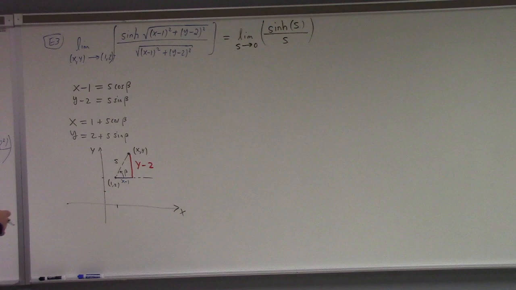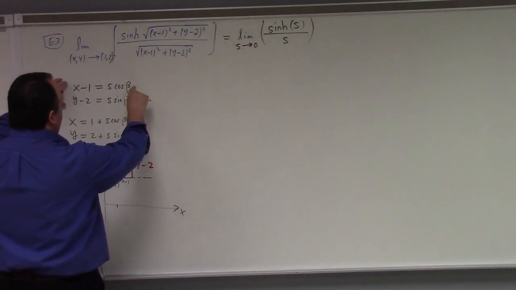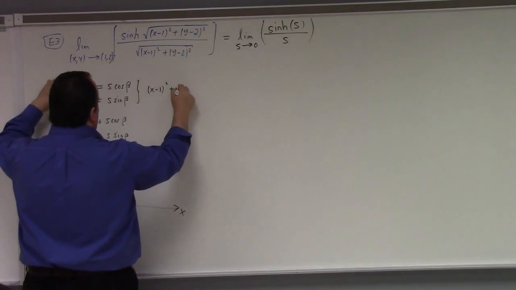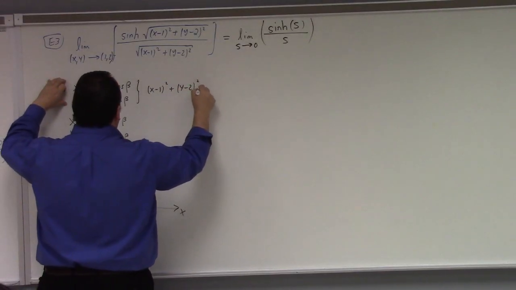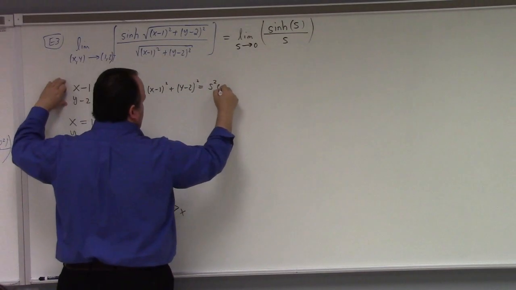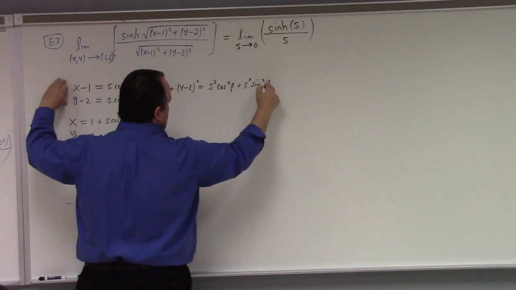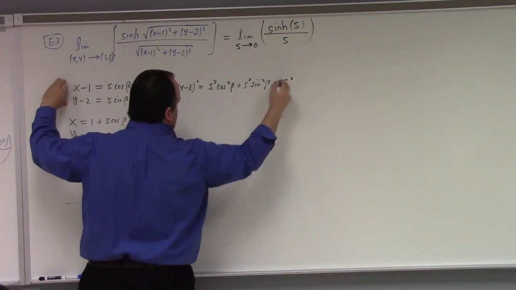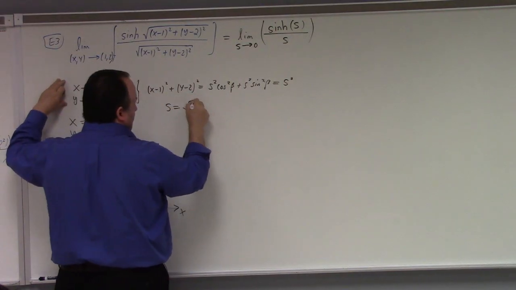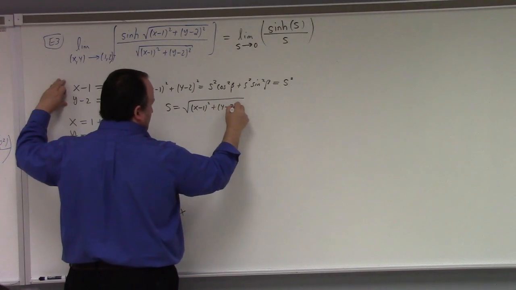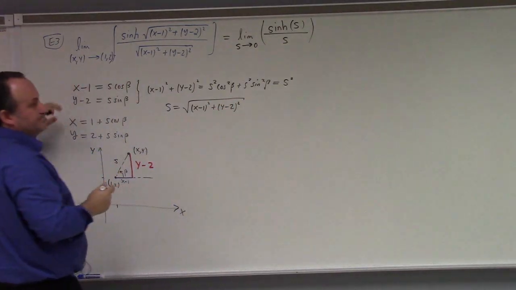These are constructed so that (x minus 1) squared plus (y minus 2) squared is s squared cos squared beta plus s squared sine squared beta, which is just s squared. So s is the square root of (x minus 1) squared plus (y minus 2) squared.